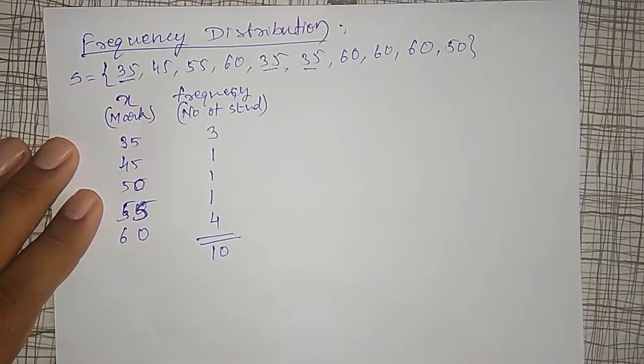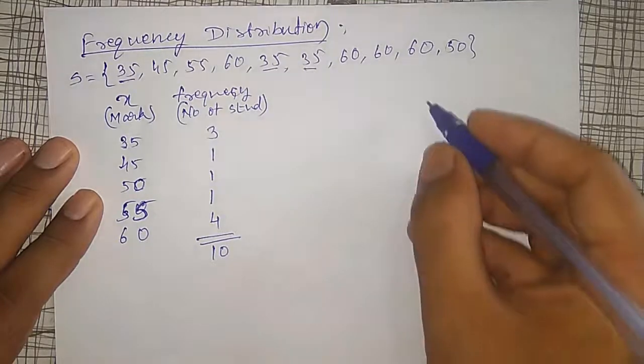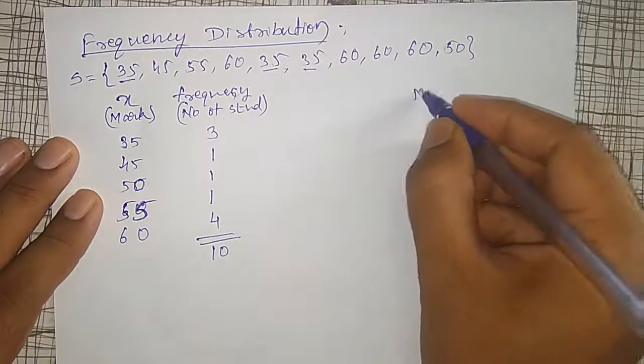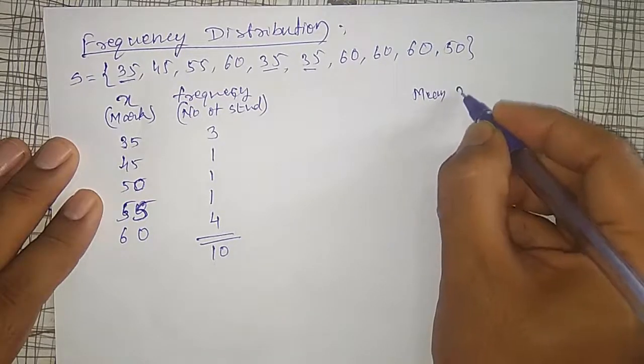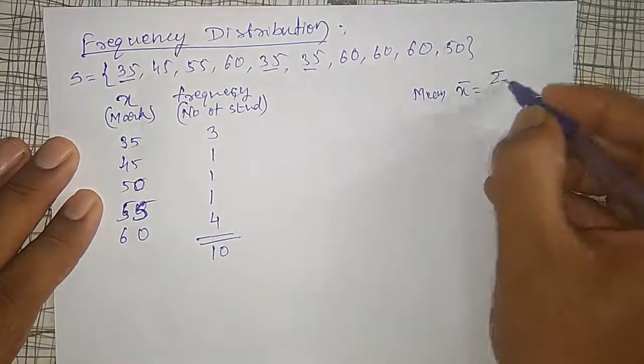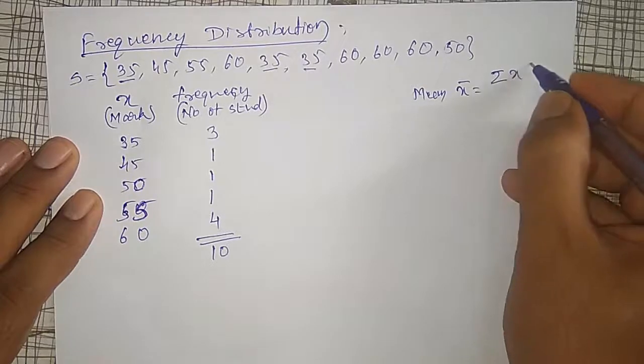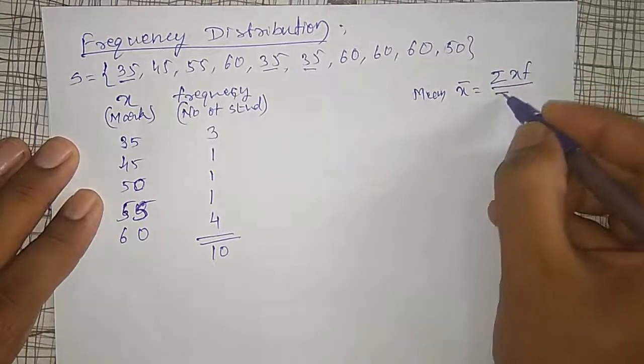For these, I am finding the mean. How to find the mean we know already. Mean x bar is equal to summation of x into f divided by summation of f.